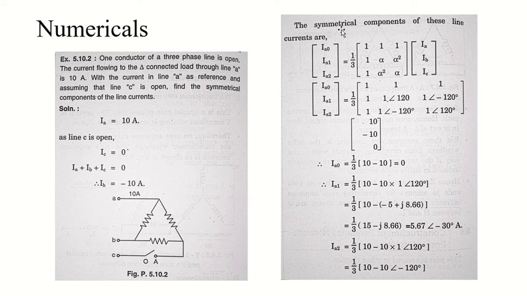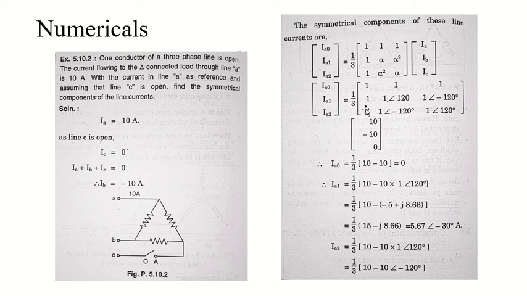So we can represent it in polar form as well, and we also know the values of Ia, Ib, and Ic. So let's substitute. Instead of alpha you can write 1 angle 120, and instead of alpha square you can write 1 angle minus 120 or 1 angle 240. And instead of Ia, Ib, Ic, you know Ia is 10, Ib is minus 10, and Ic is 0.